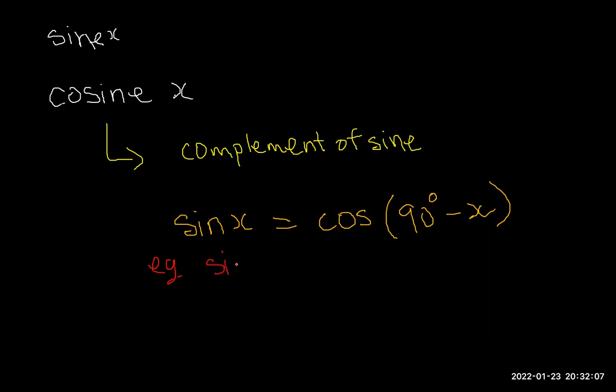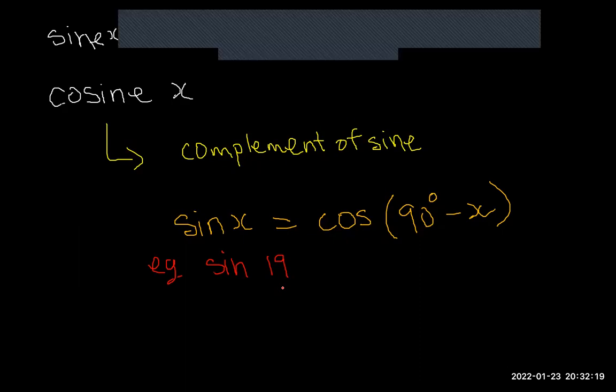Okay, so let's prove that using a random value. Somebody give me a value for x. 19. Okay. Anybody tell me what's the sine of 19? 0.325568154.